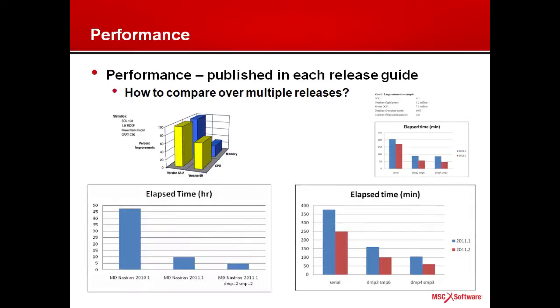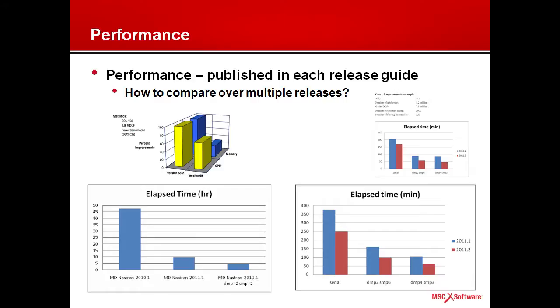Our performance in every one of our releases is published in the release guide. Very few people read these things, and it's rather boring because it's just a bar chart. And over multiple releases, the performance increases are drastic. Here is an example from probably 15, 20 years ago, version 68 to 69 for Nastran.